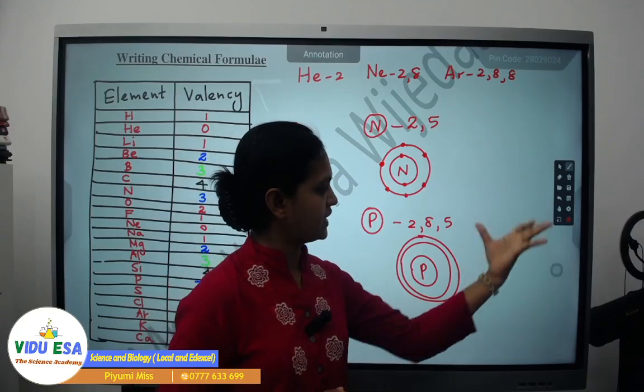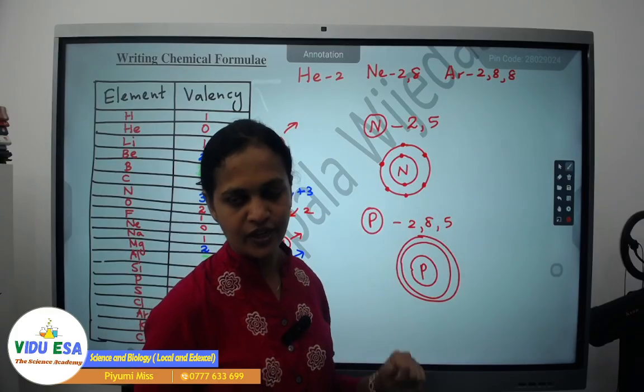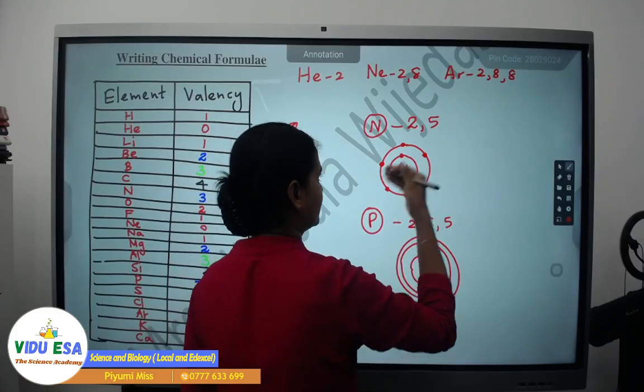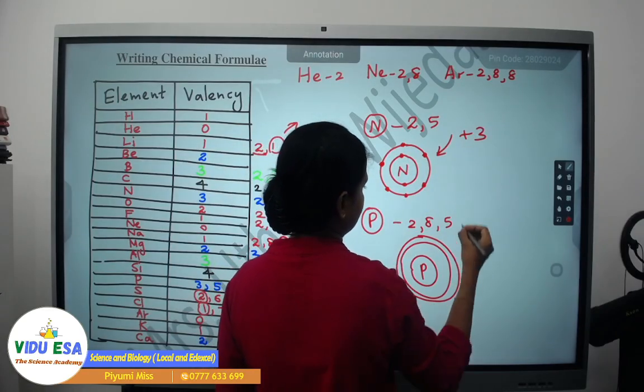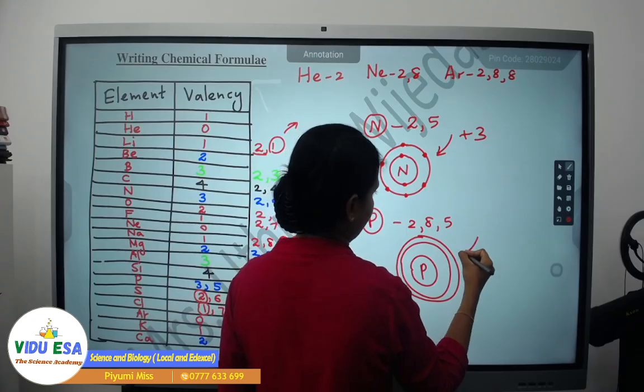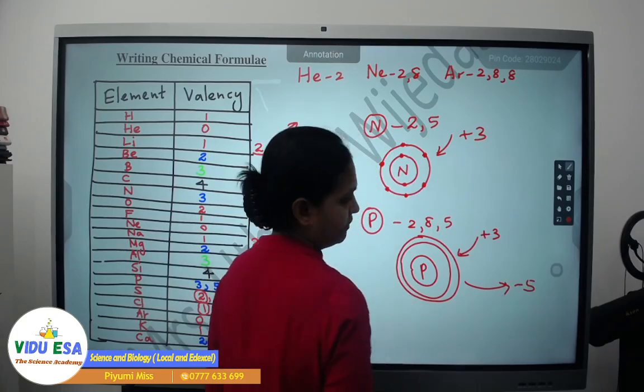Therefore, phosphorus can remove even all the 5 electrons. It is difficult for nitrogen. For nitrogen, the attractive power is more. Therefore, it can gain 3 electrons. For phosphorus, it can gain 3 electrons or it can remove all the 5 electrons.